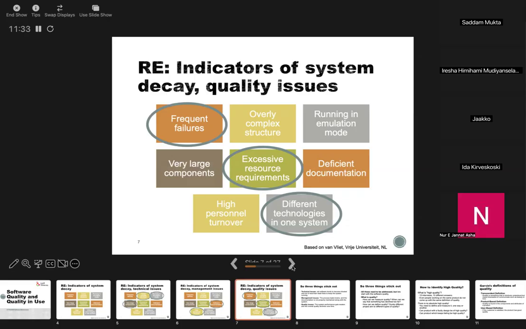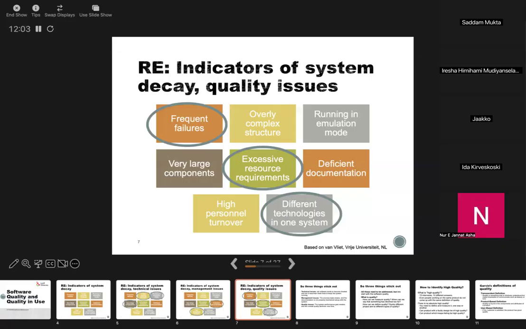These are the main reasons. There are some other slides where the circle is already given, and this is the last slide, so I have not emphasized the circled points. The first one is frequent failures. If a system gets bogged down or is just failing every time, it's a very good idea that we find some other angles.